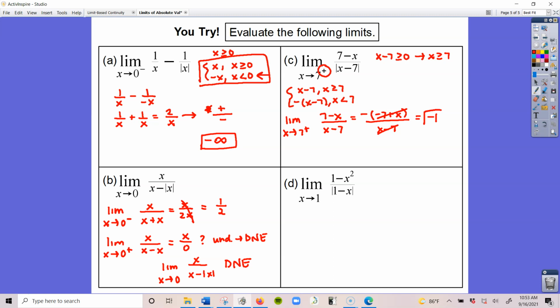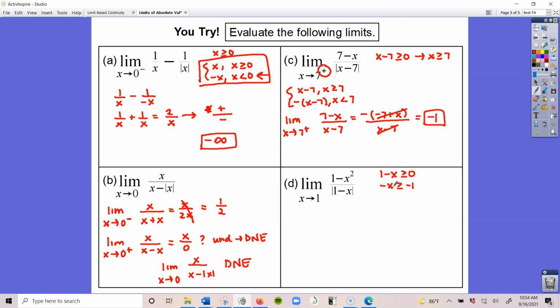Now let's look at this last one. This is a general limit, so I need to find both the left and the right and make sure that they both approach the same number. So let's write our first inequality. We have 1 minus x is greater than or equal to 0. Subtract the 1, we get negative x is greater than or equal to negative 1.